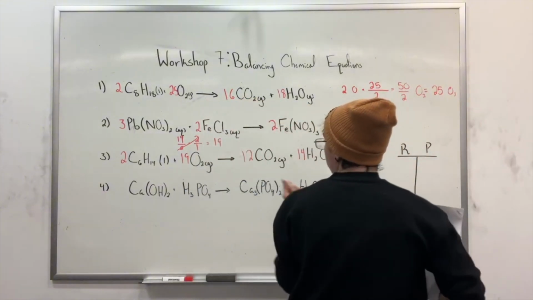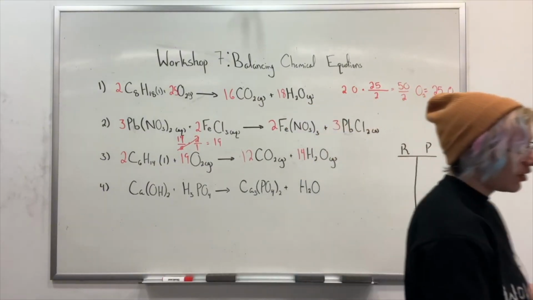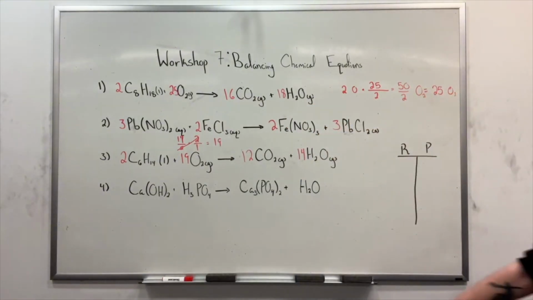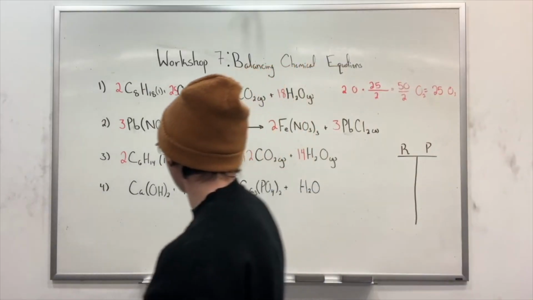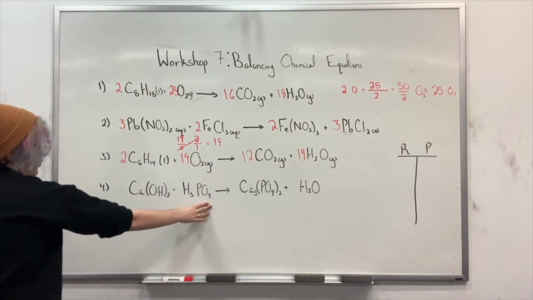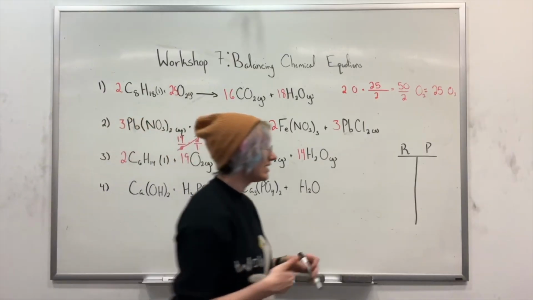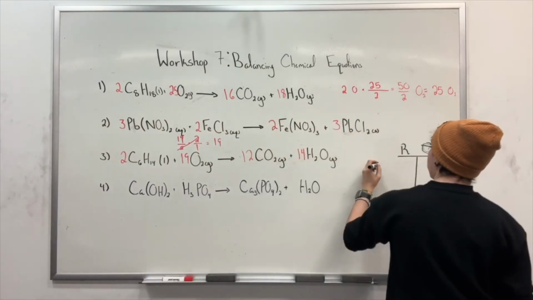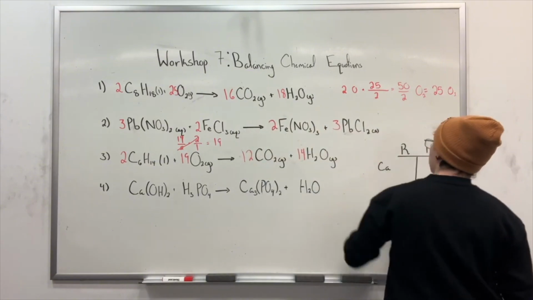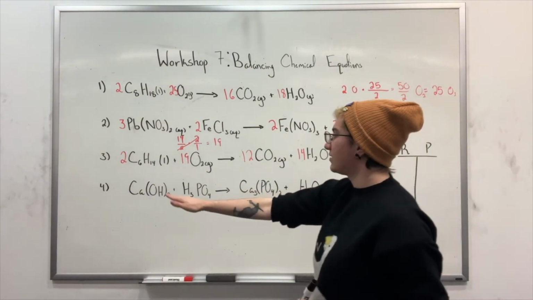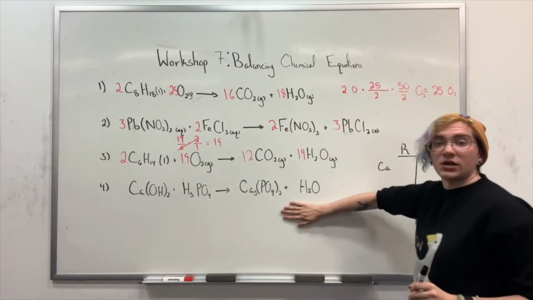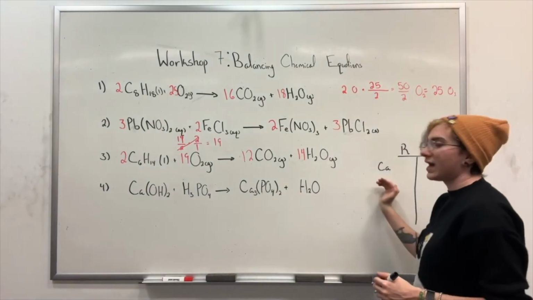So, now in this case, we have a few different polyatomic ions, but pay attention to which ones remain and which ones don't. The phosphate stays as phosphate. We go from phosphoric acid to calcium phosphate, so we can leave that as it is. So we have calcium. But the hydroxide does not stay as hydroxide. There's no hydroxide in our product side, so we can't write that as an ion itself.